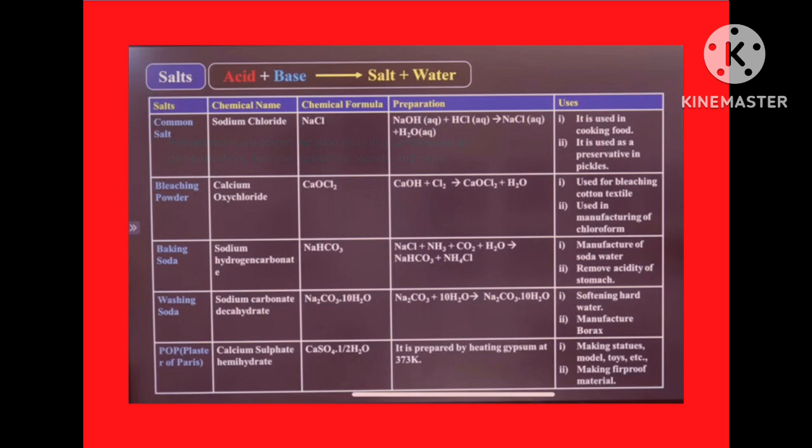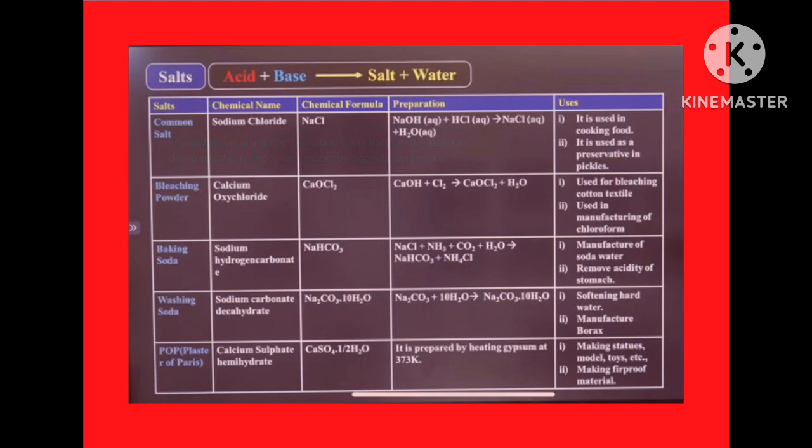Recrystallization of sodium carbonate gives washing soda. It is also called a basic salt. Washing soda or sodium carbonate decahydrate is used in softening of hard water. Also, it is used in the manufacturing of sodium compounds such as borax. Sodium carbonate is also used as a cleaning agent for domestic purposes.